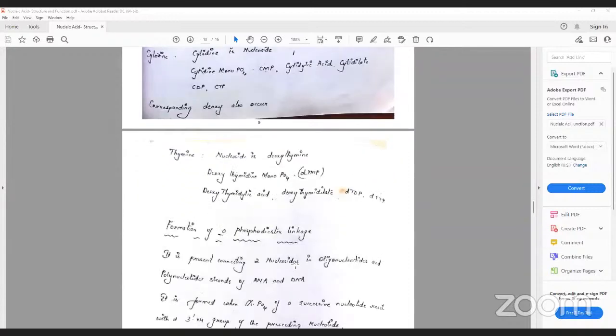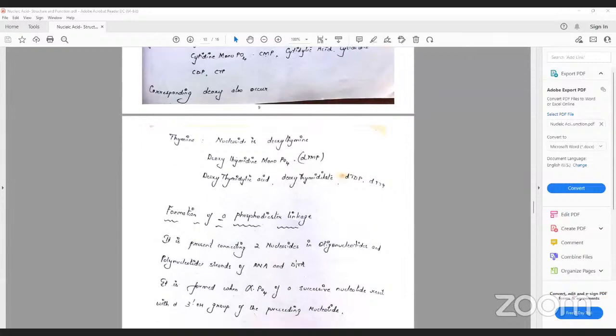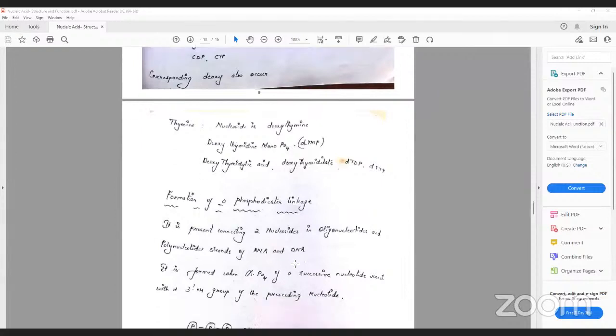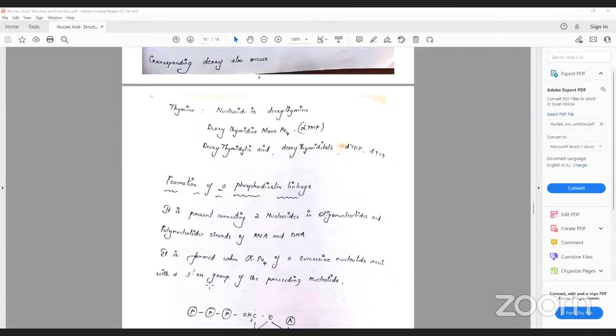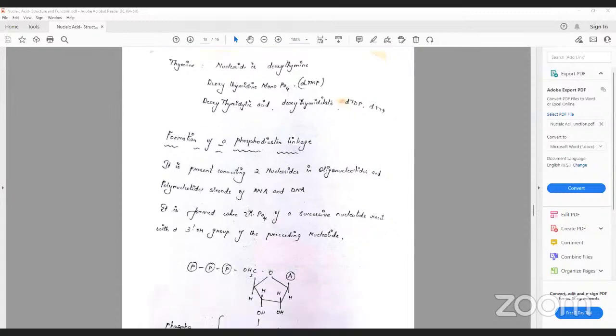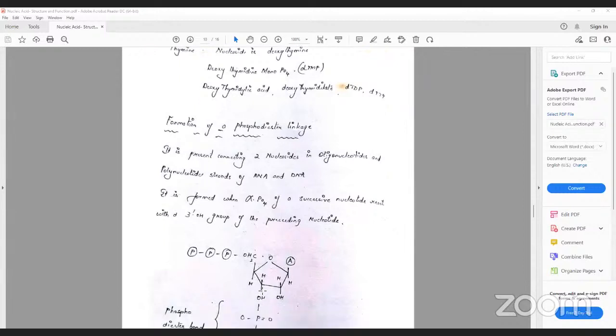Now coming to formation of these phosphodiester linkages, you find them in oligonucleotides or polynucleotides of both DNA and RNA. It is formed, as I said, when the alpha phosphate of the successive nucleotide reacts with the 3' hydroxyl group of the preceding nucleotide. Now this 3' hydroxyl group comes from this sugar.